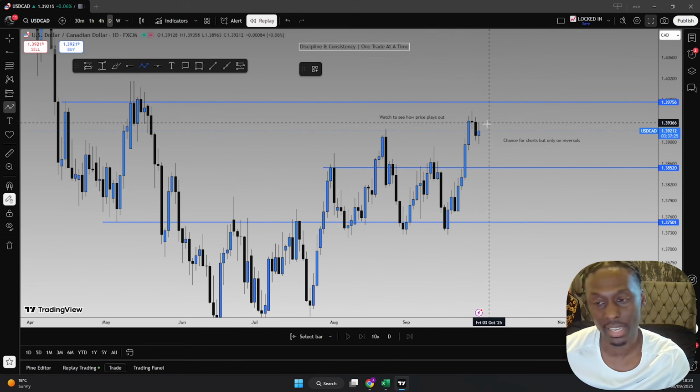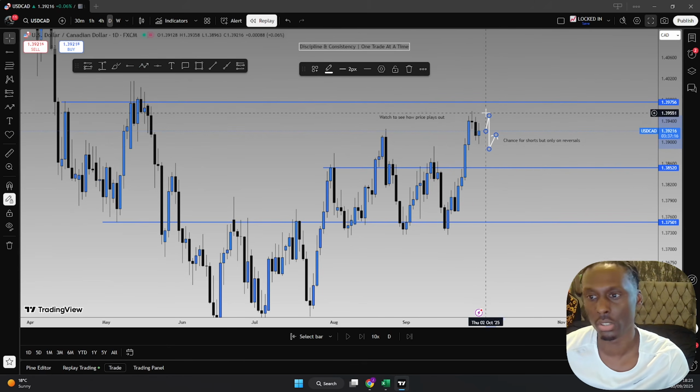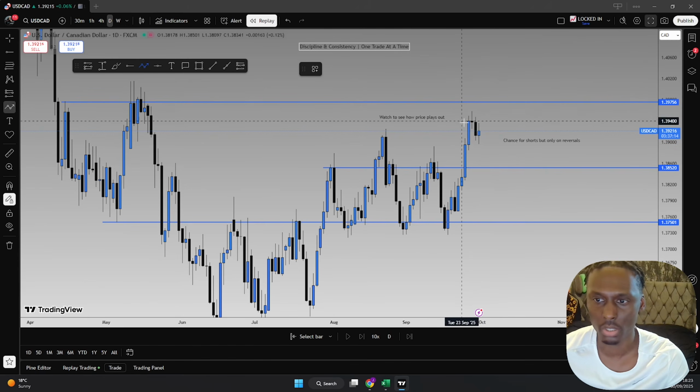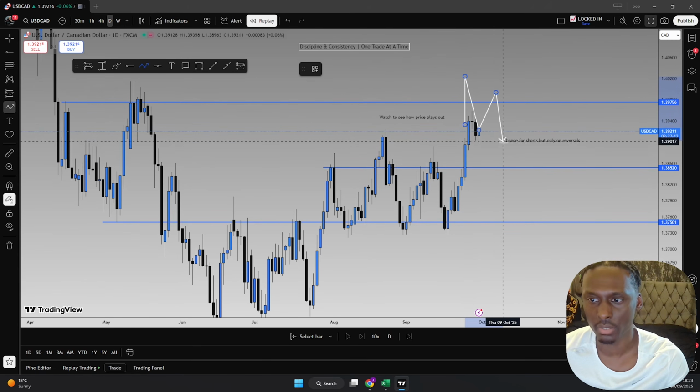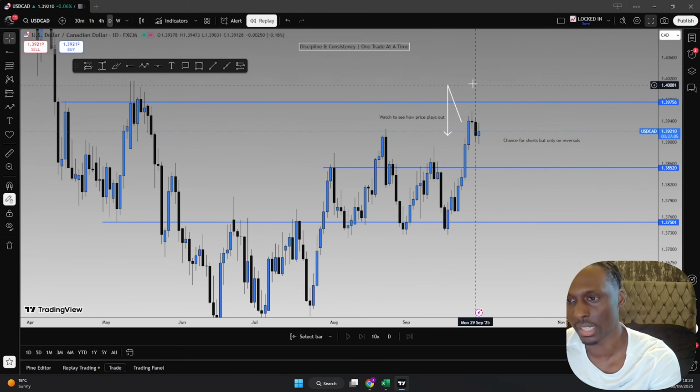So reversals that I trade are either a double top, then I'll wait for the breaker structure, the break and retest, or a reverse head and shoulders. Obviously you guys know a reverse head and shoulders has the head, the right shoulder, and the left shoulder. And then we have to see the neckline break and the break retest. That's how I look to enter.